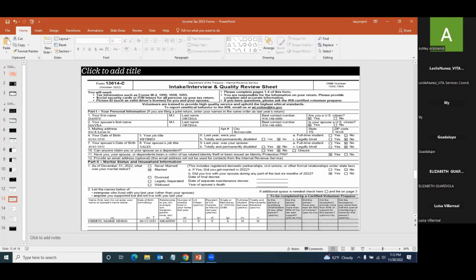So for the intake people, if you don't want to be confusing the taxpayers, I think you should ask them to put it in by month, day, and year, because sometimes they put it backwards. And then when we're putting it in, it rejects the return because it says the date of birth was incorrect. So that's another thing to look for when the intake people are taking in this form.